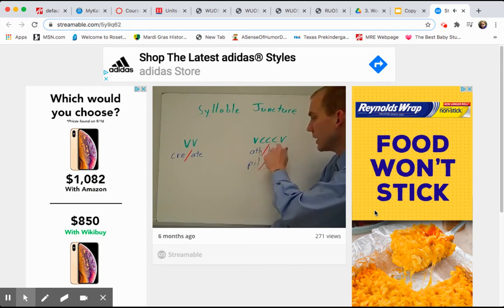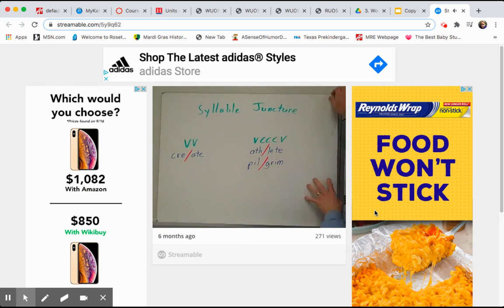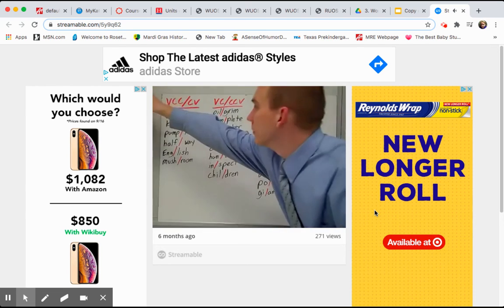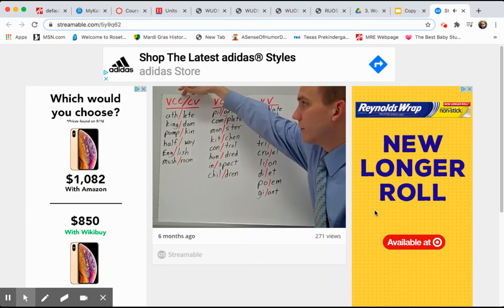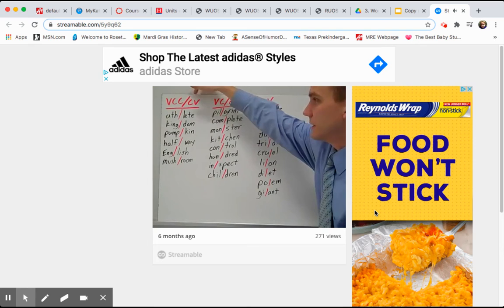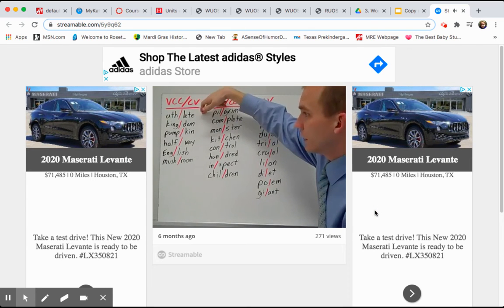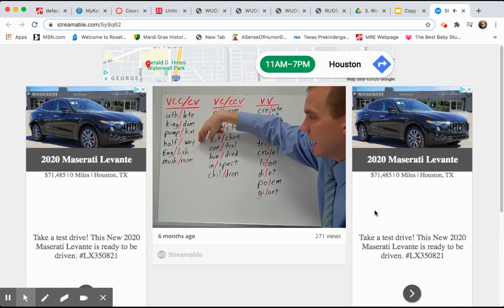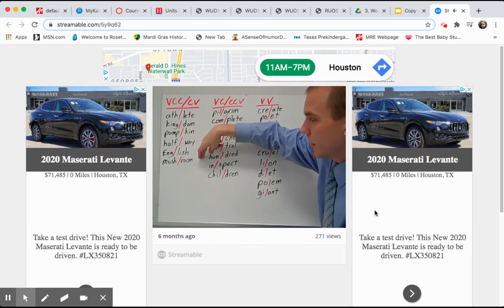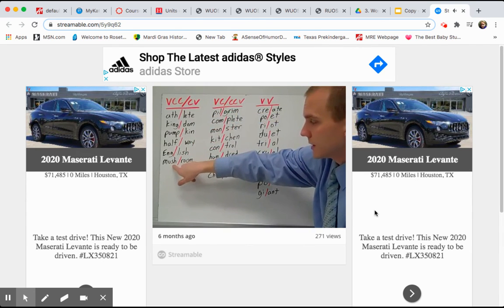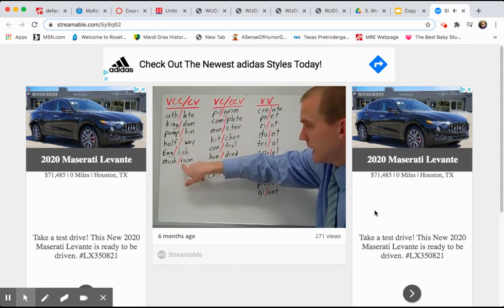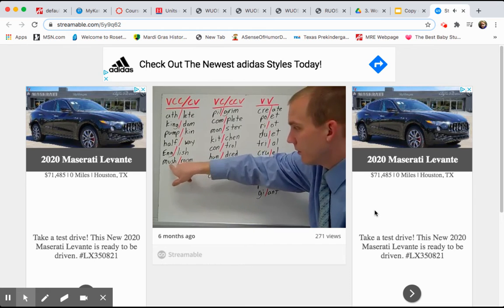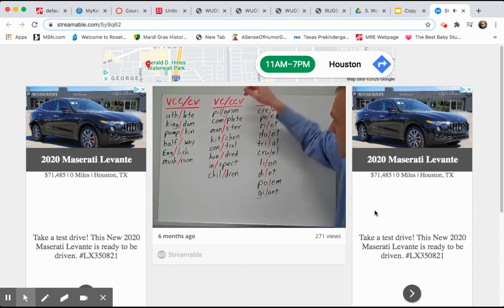So this is where you have the three consonants in the middle, and it breaks either after the first one or after the second one. So vowel, consonant, consonant, break, where you're breaking after the second one, like athlete, kingdom, pumpkin, halfway, English, mushroom. Again, you see two consonants, syllable juncture, and then you have a third consonant with a vowel on both sides of them.